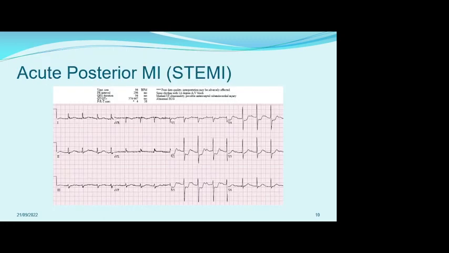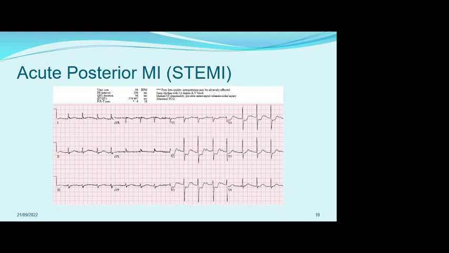But ECG diagnosis is not always straightforward. Sometimes you will find this kind of ECG where there are no ST elevations as such. But if you look at this ECG closely, you will find tall R waves in V2, V3 and V4 with ST depressions. This is an ECG of acute posterior myocardial infarction.